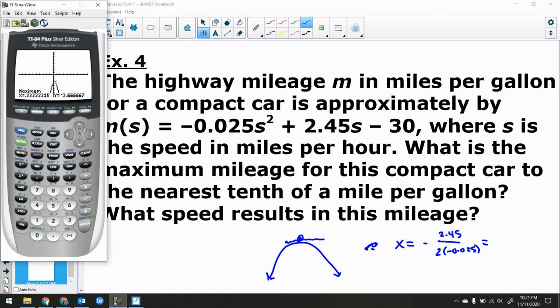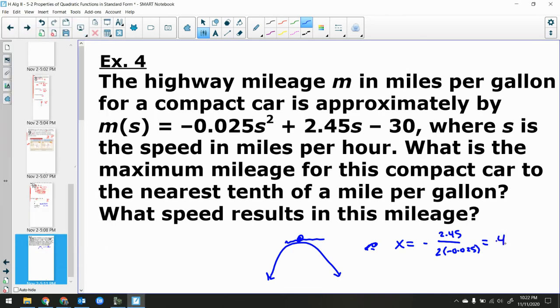So I've got 2.45 divided by, and now obviously I'm making this positive because my two negatives there will cancel out, and I'm going to put this in parentheses, 2 times 0.025. This is my x value, 49. And that's the x, or s in this case. S is 49. So at 49 miles per hour, that's going to get the best gas mileage.